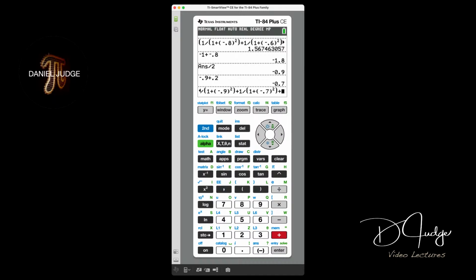Plus, continue the pattern. 1 divided by 1 plus, parentheses, negative 0.5, square this, close it, plus 1 divided by 1 plus, parentheses, negative 0.3, you square that, close it, plus 1 divided by, parentheses, 1 plus negative 0.1, close this and square it.